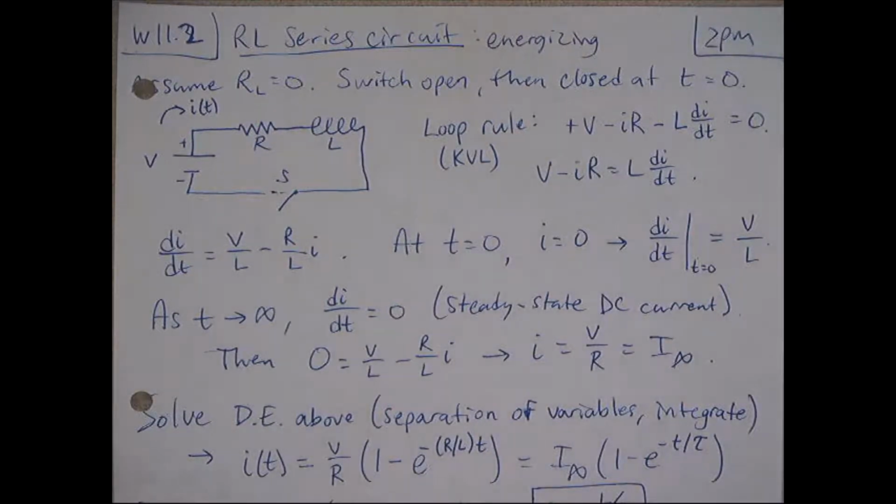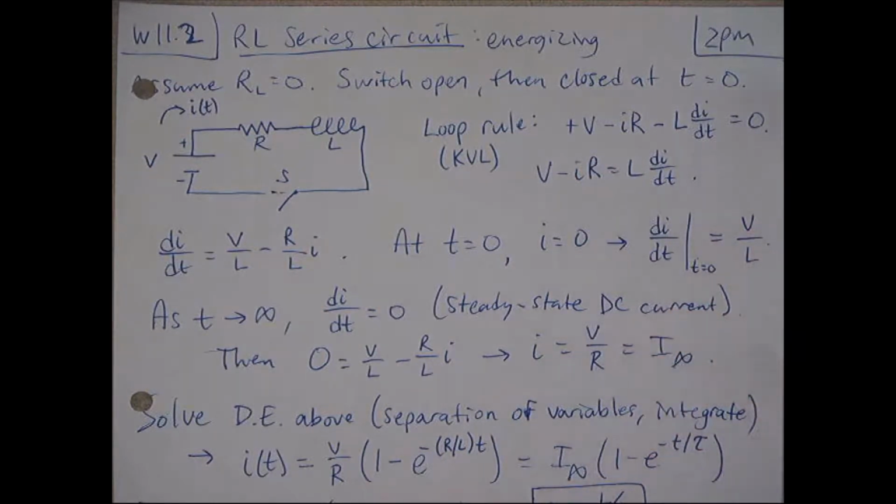When we take inductors and introduce them into circuit applications, we're going to find a very similar solution to the time evolution of those circuits as we found with the RC when we placed capacitors into series with resistance.